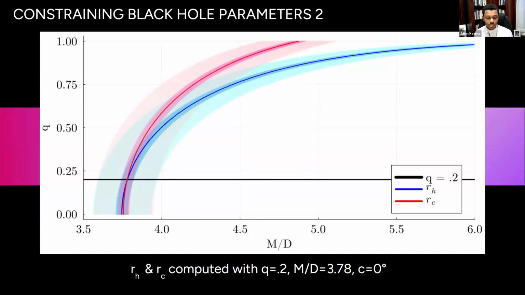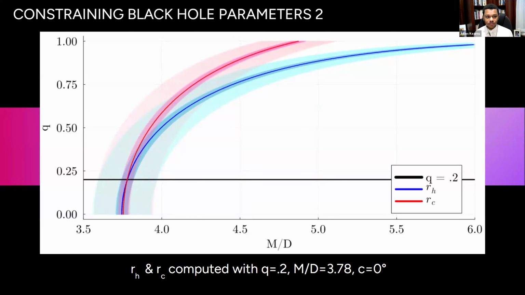And as we can see, they converge at a charge of 0.2 and a mass to distance ratio of 3.78. In the case of the 1% uncertainty, we have a skinny region, and with the 5% uncertainty, we have a little bit of a larger region, but it does constrain it compared to the entire parameter space.